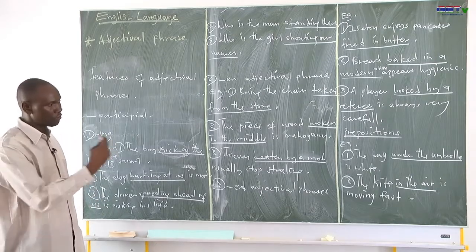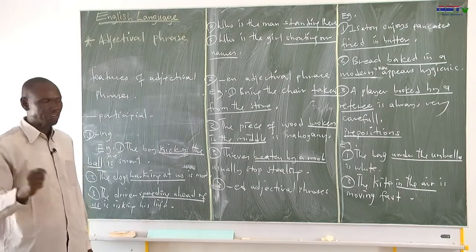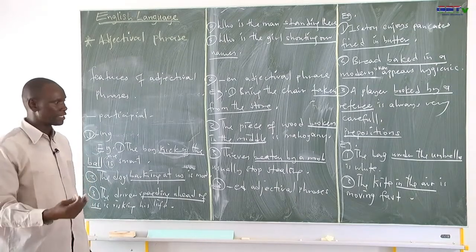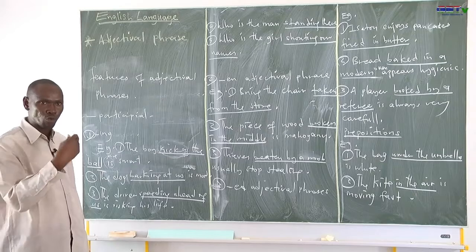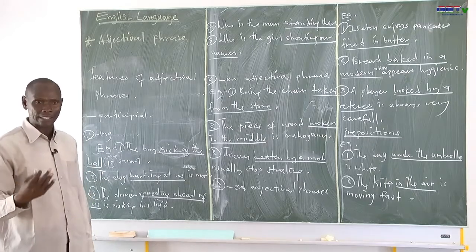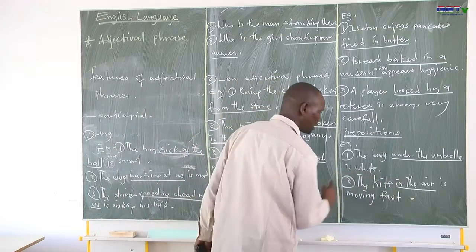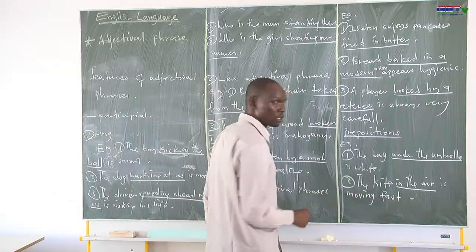But what is the role of this phrase? Is it playing the role of a noun, an adverb, or an adjective? We know this is playing the role of an adjective. As such, we call it an adjectival phrase, and it qualifies the word which precedes it, which is kite, a noun. So in grammatical function we say it qualifies the noun kite.